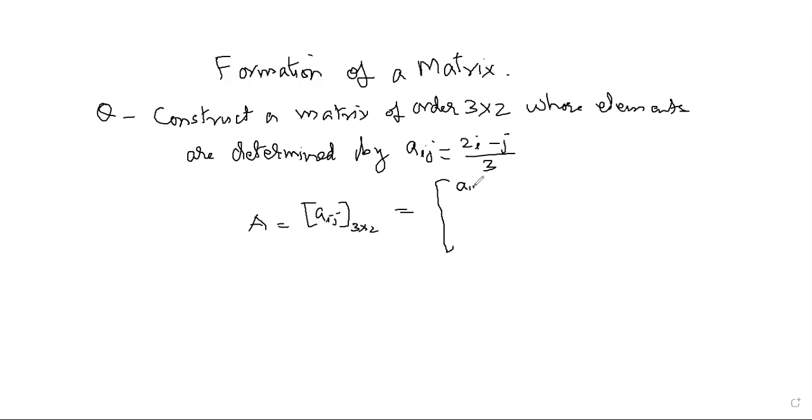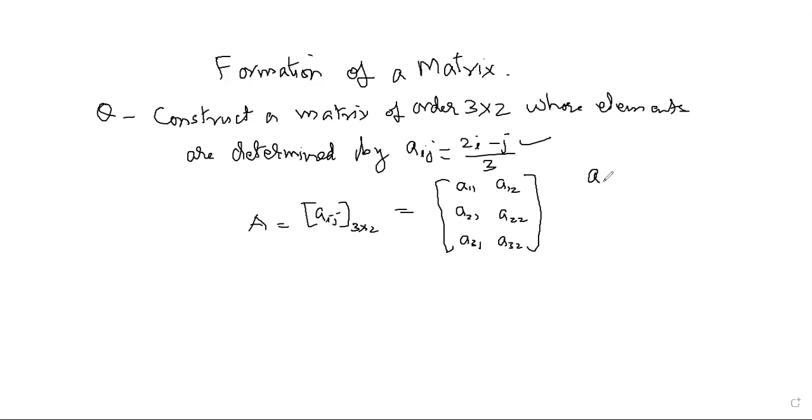So A11, A12, first row, A21, A22, second row, A31, A32, third row. So it has 3 rows and 2 columns. Now from this relation, we can find the values of all the elements and substitute here.